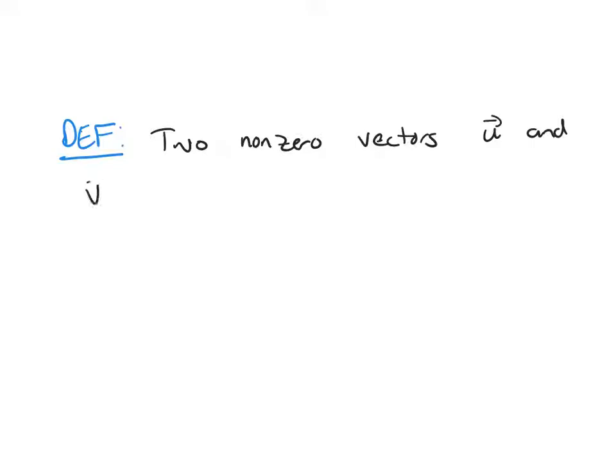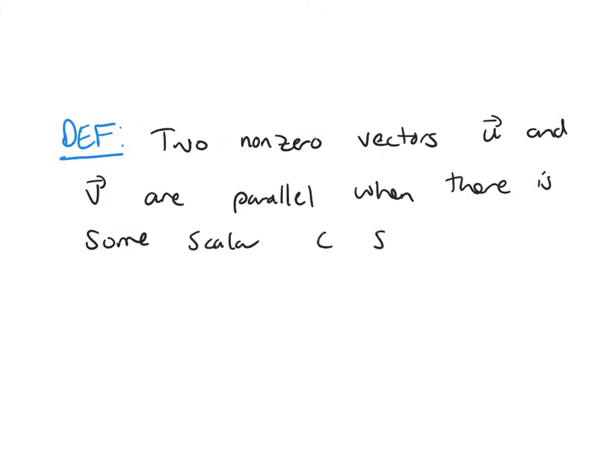Now we're going to talk about what it means for two vectors to be parallel. So two vectors, u and v, they must be non-zero vectors, are parallel when there is some scalar c such that u equals c times v.